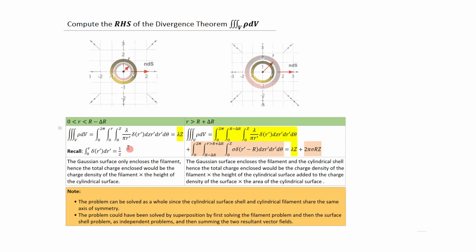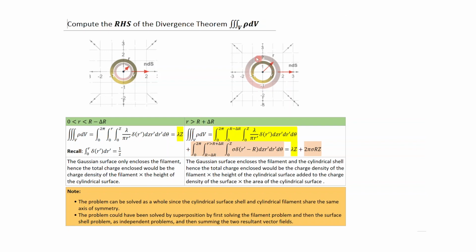And so now the question is, what happens when we move outside the cylindrical shell? For instance, this is the Gaussian surface on the inside, but exterior to the filament. And this shows the condition where the Gaussian surface is outside the cylindrical shell.